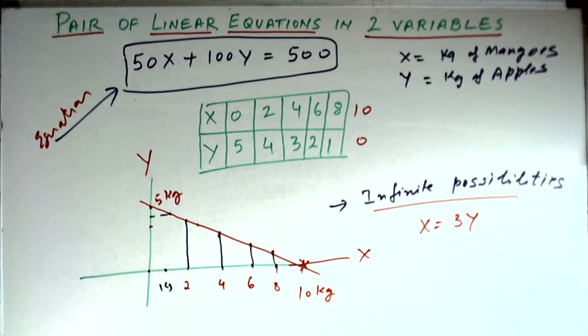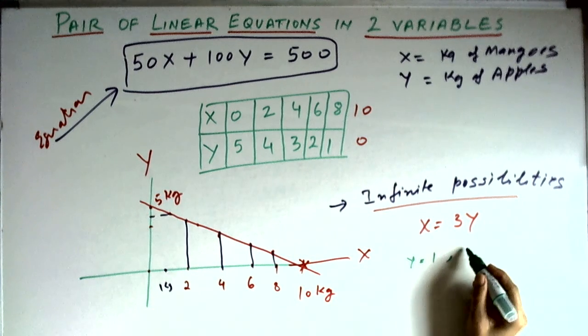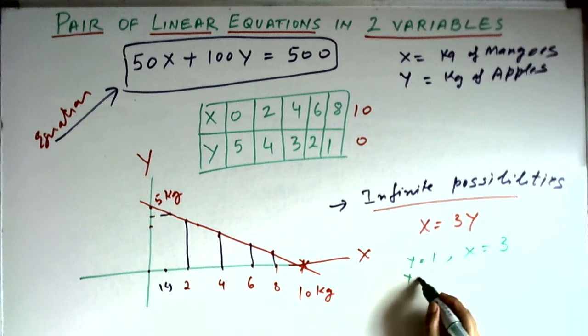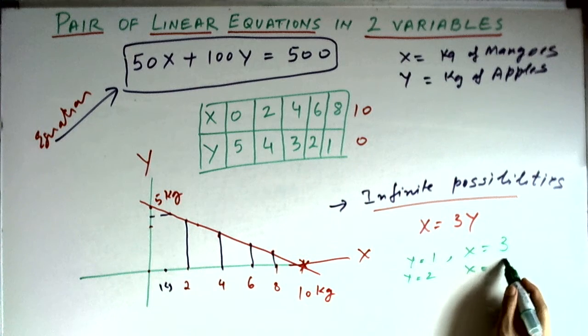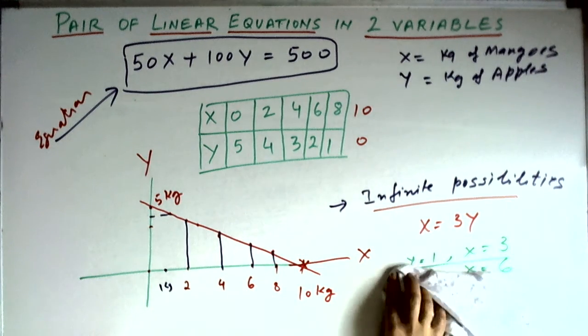Now if we draw this equation on top of this on the same graph paper, we know that when y is equal to 1, x is equal to 3, and when y is equal to 2, x is equal to 6. So we draw another line with say these two conditions only, or we can actually draw a table for this also.